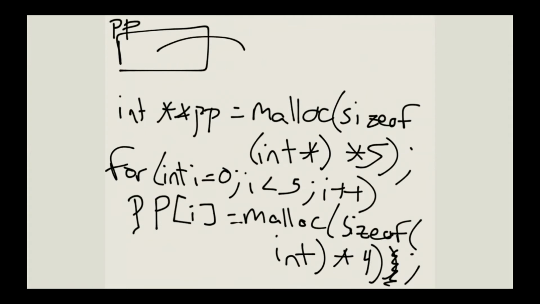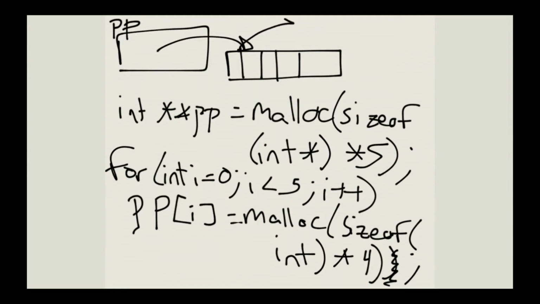It's going to point to an array of 5 blocks, which are all themselves pointers. And then when I malloc down here, I malloc that each of those individual pointers should point to a separate block of 4 bytes on the heap.